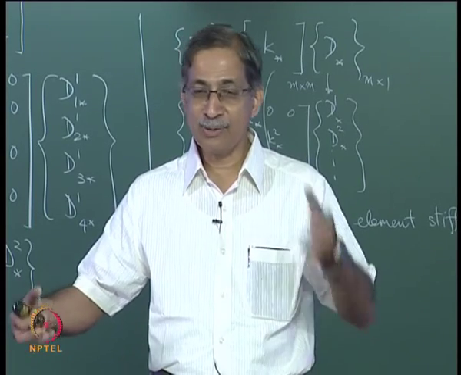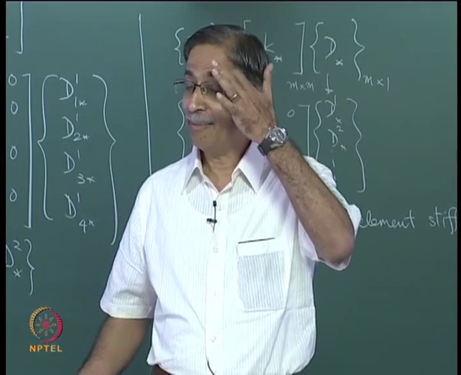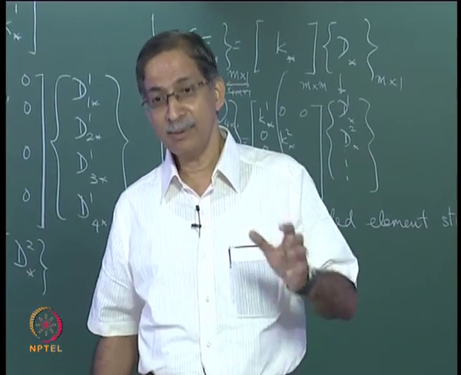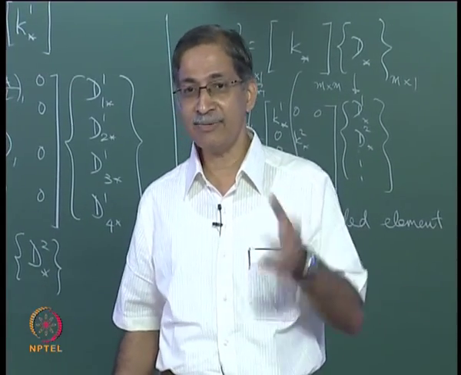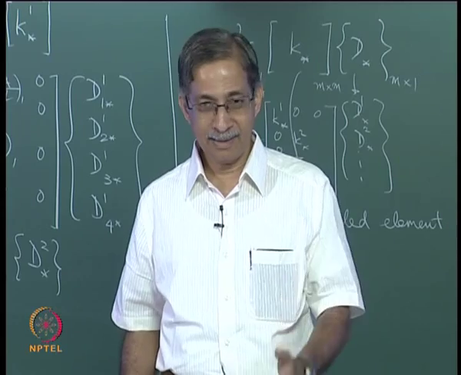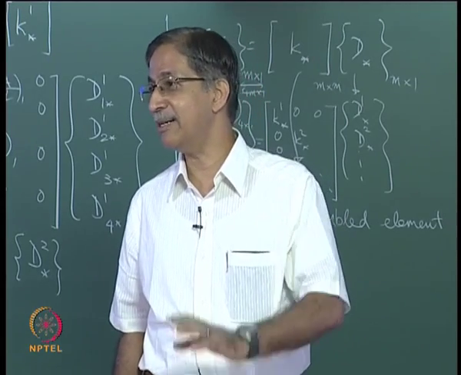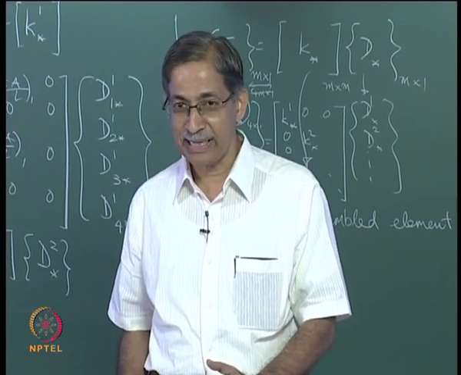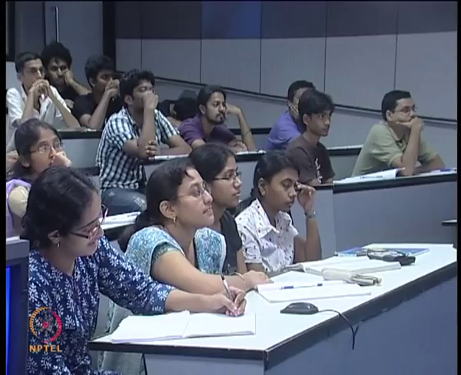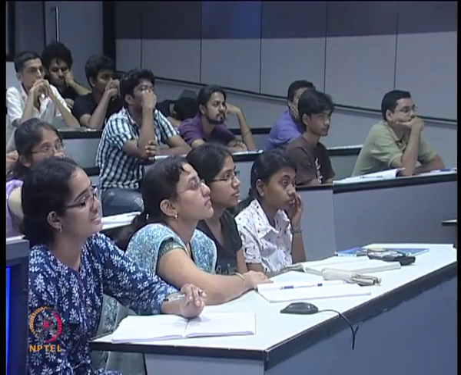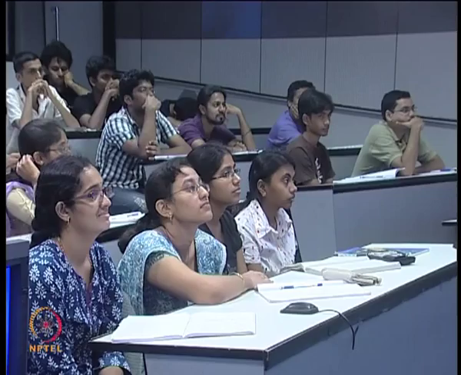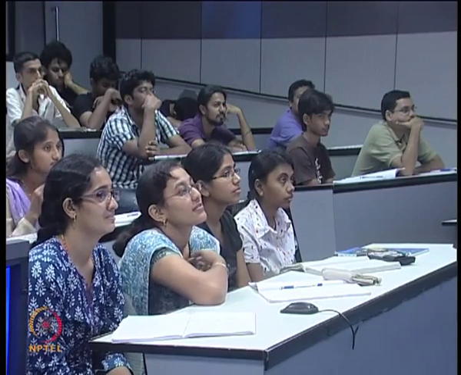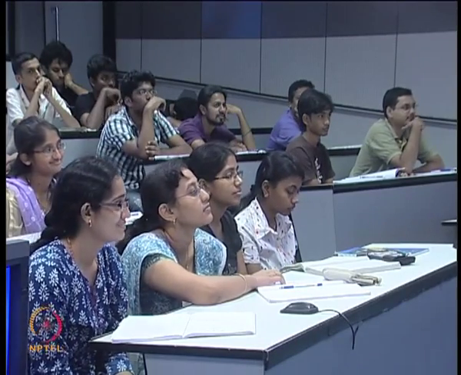So 1 star, 2 star, 3 star, much better than 1 star to 6 star, right. This is the reduction, it is a reduced element stiffness matrix we are dealing with. Is it clear? Would you like to do this or the other one? This is when you are doing problems for yourself, that is when you want to sell your software and make money. Okay, so let us proceed.